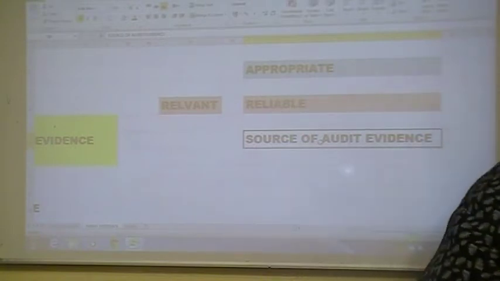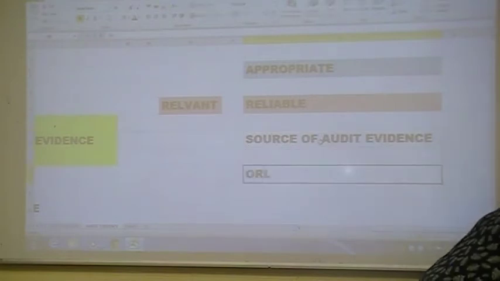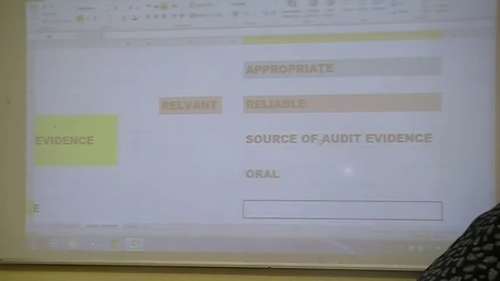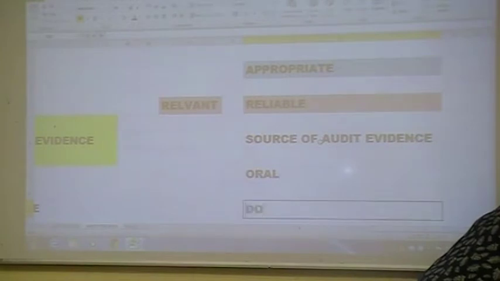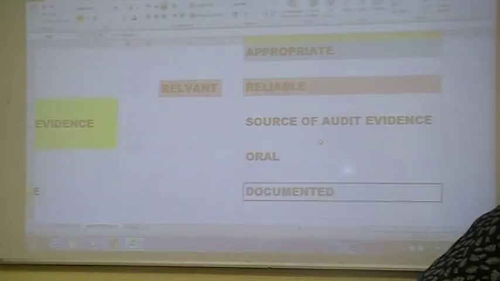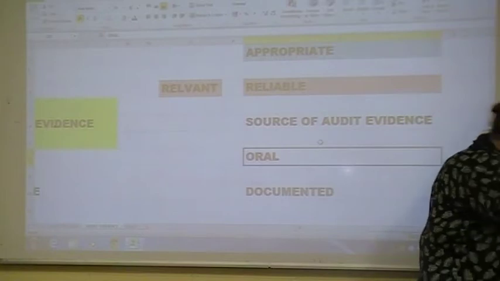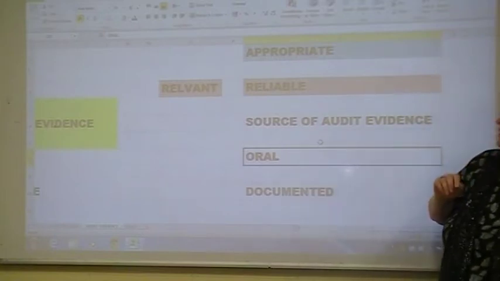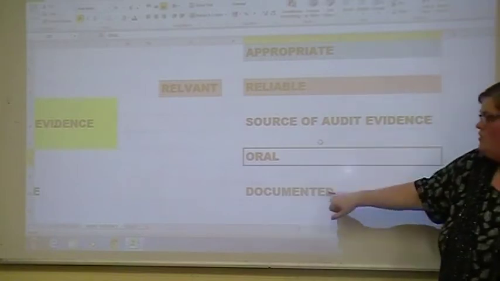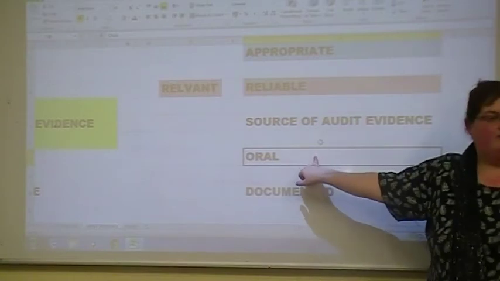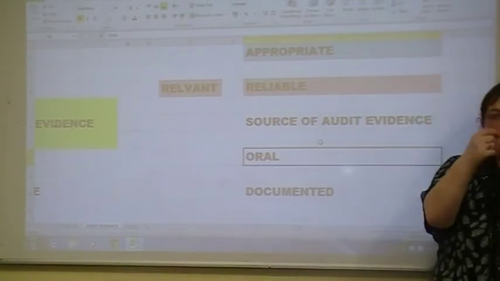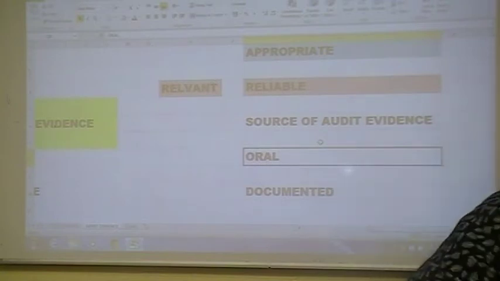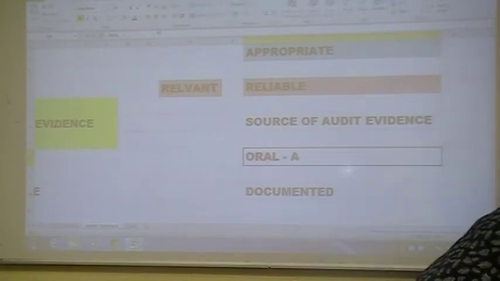Okay, and when we're looking at our source of audit evidence, we've got oral, documented. Looking at oral, we're looking at asking the directors a question.